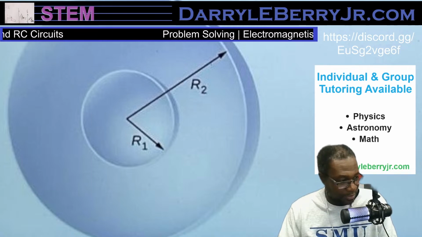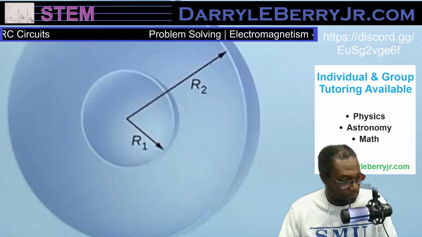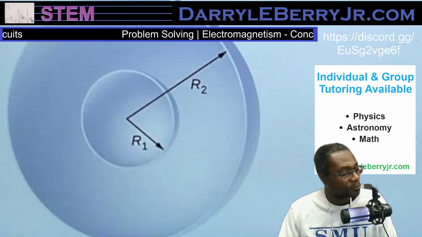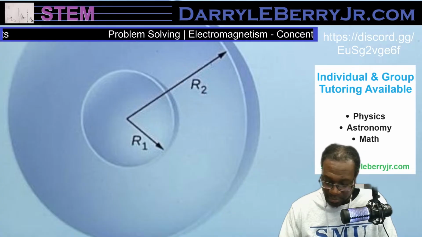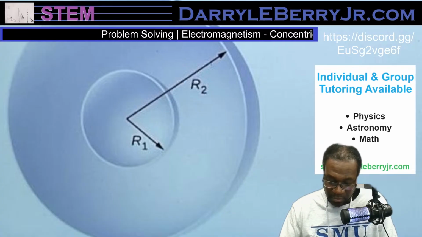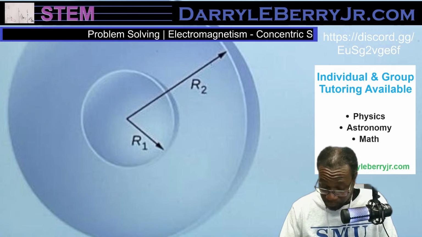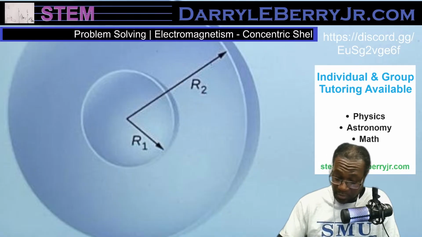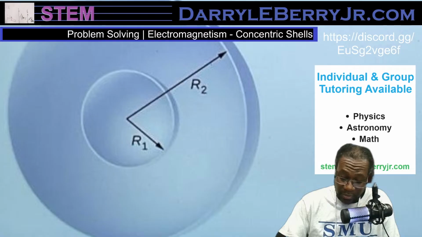So let me make sure I pick the proper thing. Going from R2 to B. So the potential here is from R2 to B.